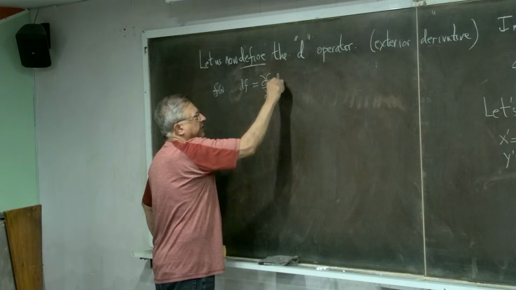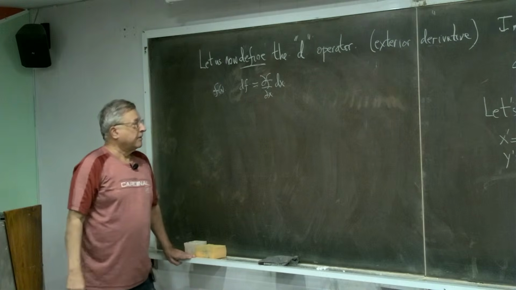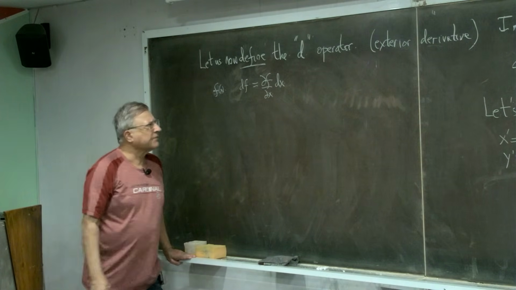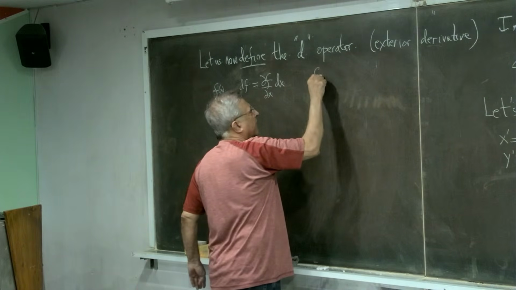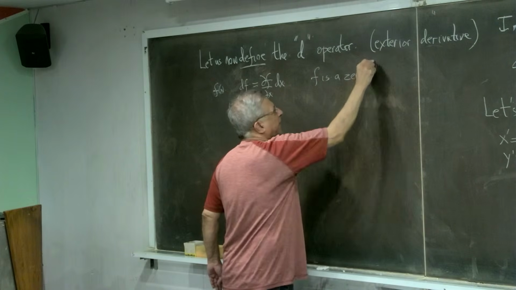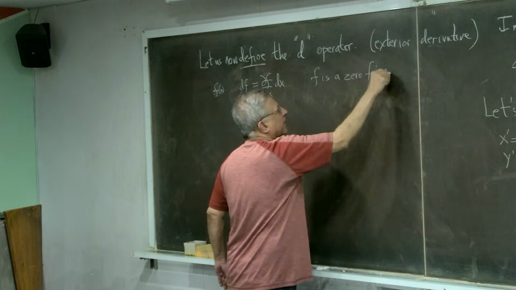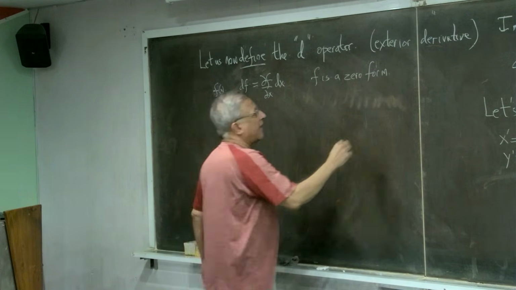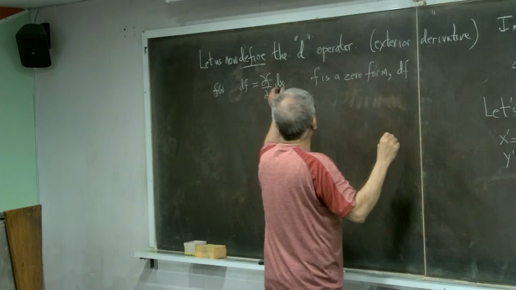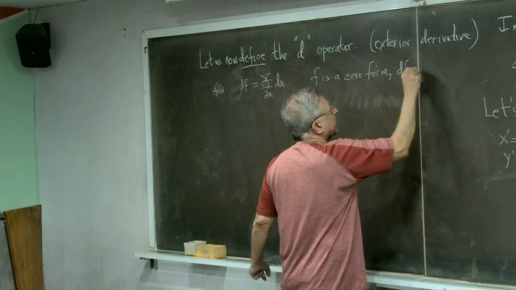And so I will say f is a zero form, and df, because it's got dx over here, is a one form.